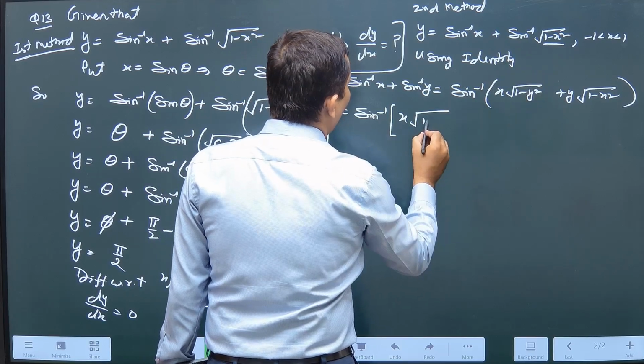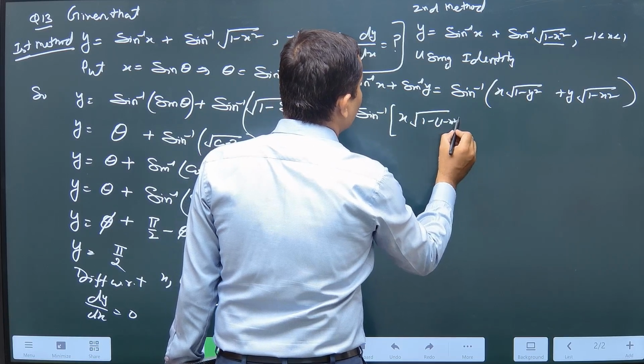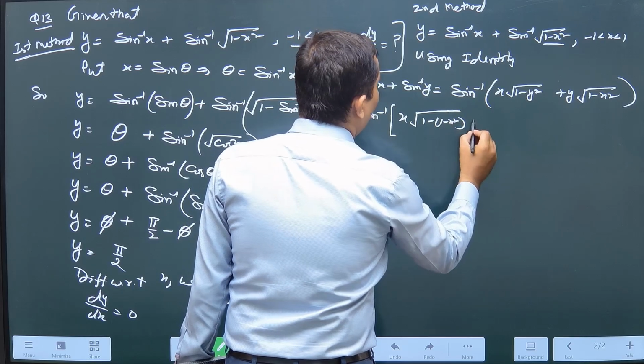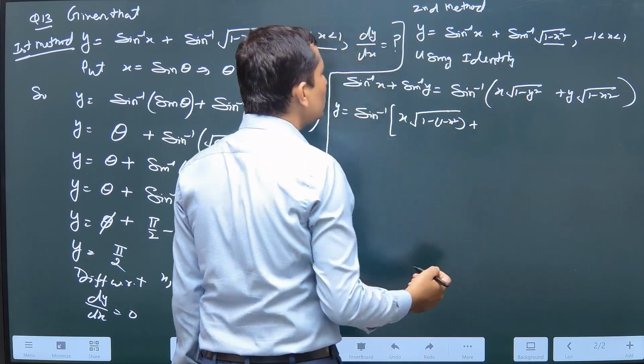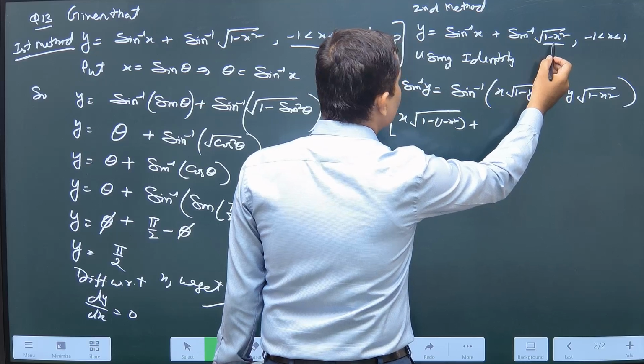Why this? 1 minus 1 minus x square plus y. What is y? y is this.